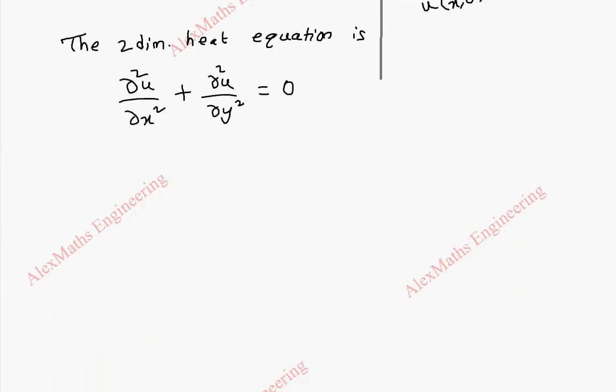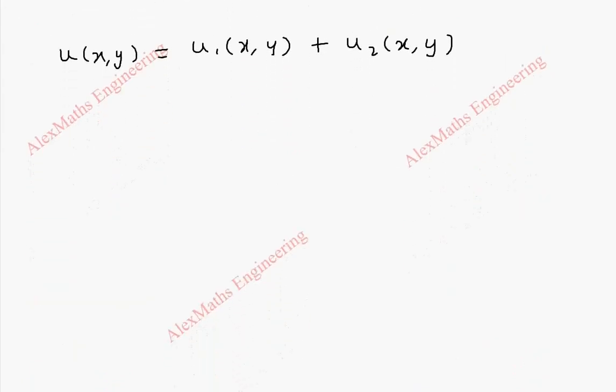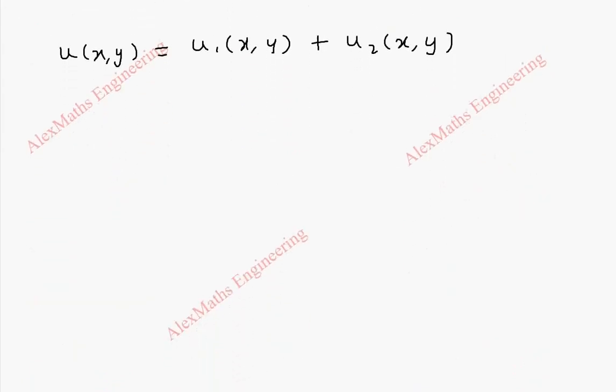Now the solution is u of x comma y, and we are going to split the solution into two parts, that is, u1 of x comma y plus u2 of x comma y. So we are going to redraw the diagram as two parts, one for u1 and the other for u2.